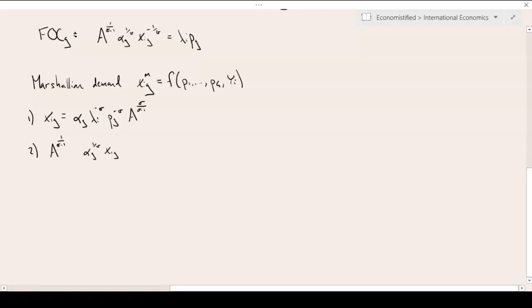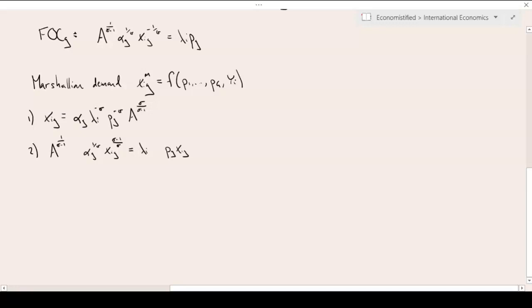So Xig to the power of minus 1 over sigma times Xig is just Xig to the power of sigma minus 1 over sigma. And on the right-hand side, I'm going to get lambda I, and again, I'm going to leave a little space, and I get PG times Xig.